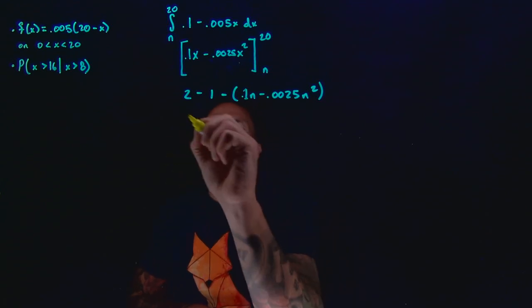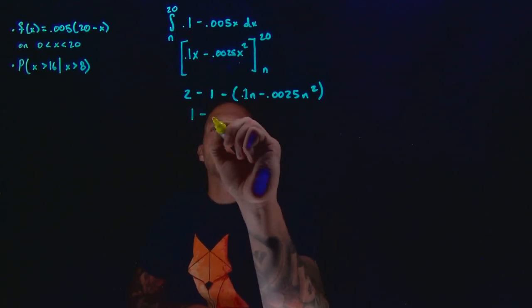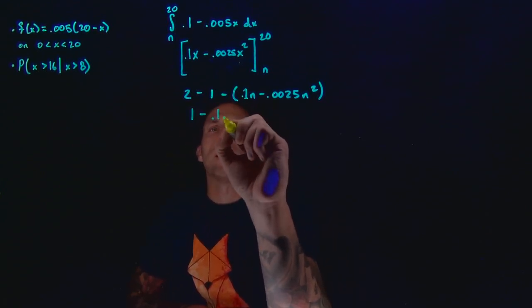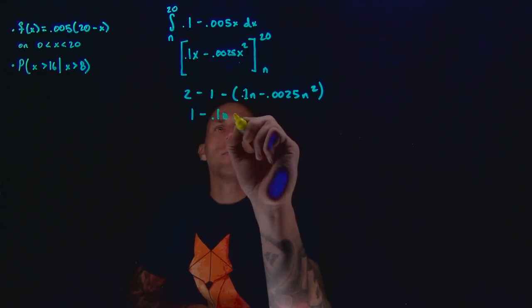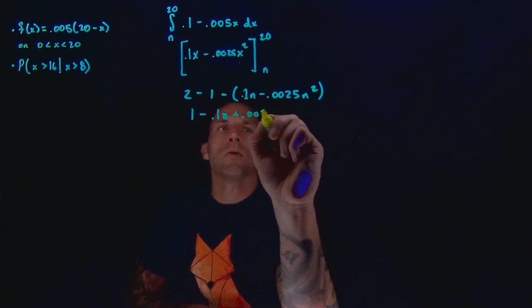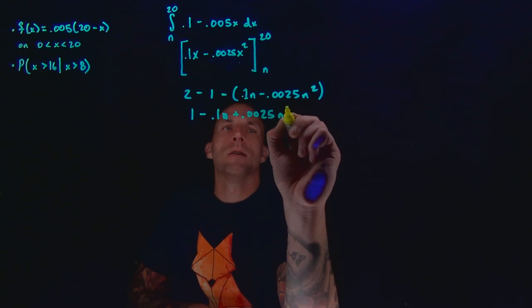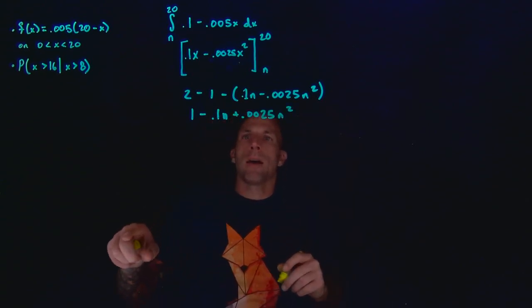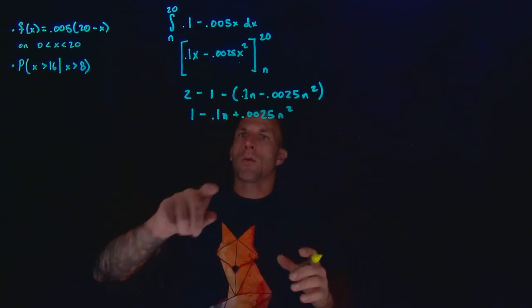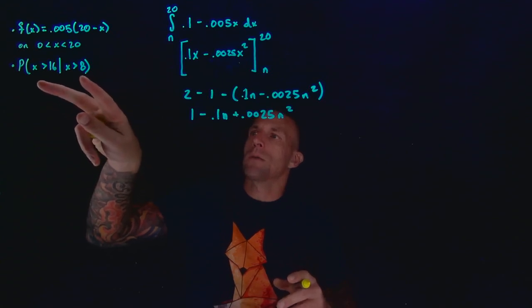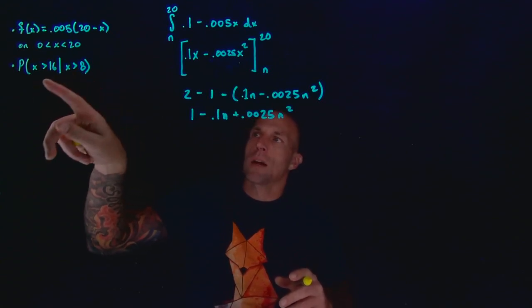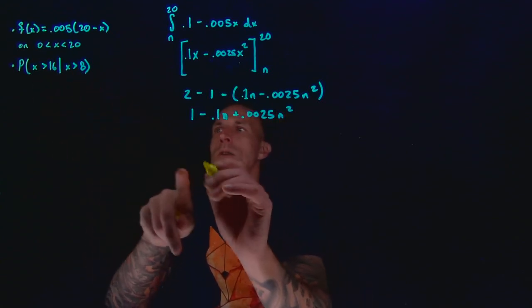So simplify and distribute. We get 1 minus 0.1 times n plus 0.0025n squared. And then that's it. That's a generic integral. It's going to give us the area underneath the curve. And we've just got to convert this into a statement that we can use.